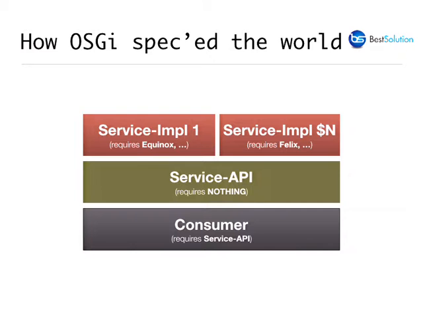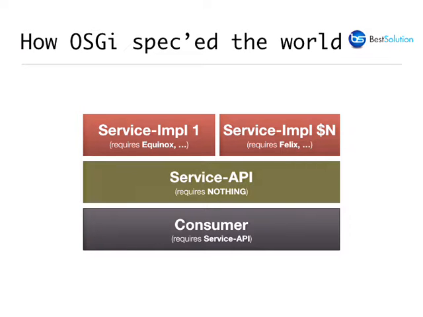And then you have implementations of this API in their own bundles, and they can have various dependencies. That's not a problem. For example, they can depend on Equinox, or they can depend on Felix. They can depend on JPA. They can depend on your logging framework of choice. But the API bundle should never do that.